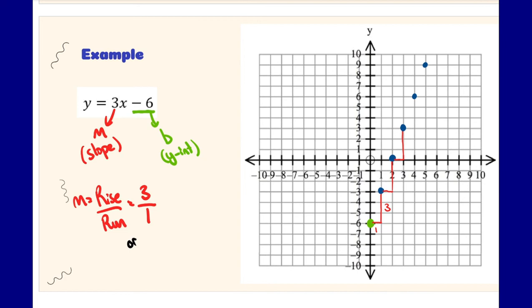Well, similar to the last example, if I switch the signs from positive to negative, this gives me the same thing. Negative 3 divided by negative 1 is still a positive 3. So this helps me move in the other direction. I go to the left 1 because of the negative 1. And then I go down 3.